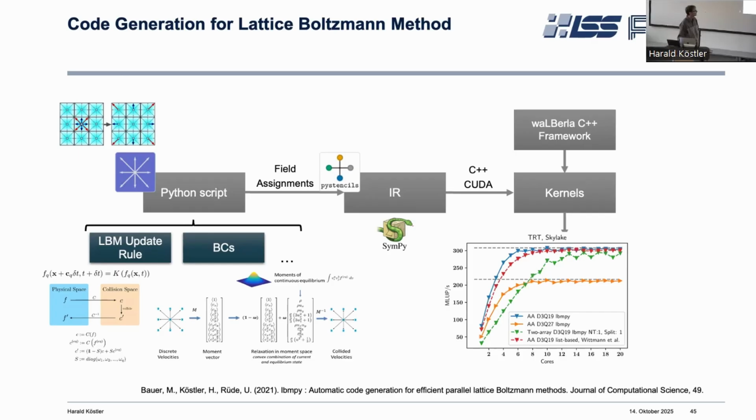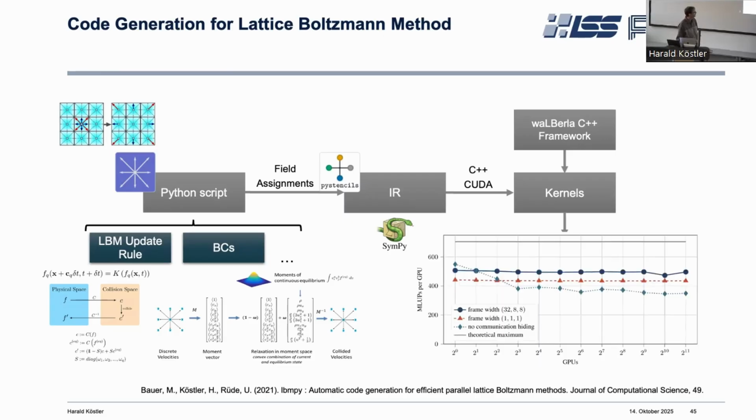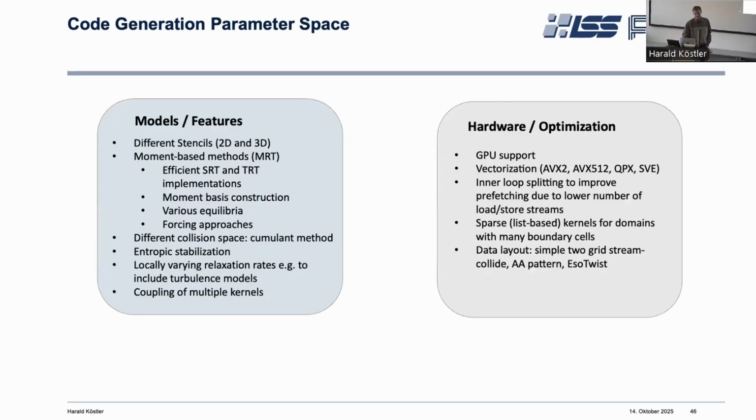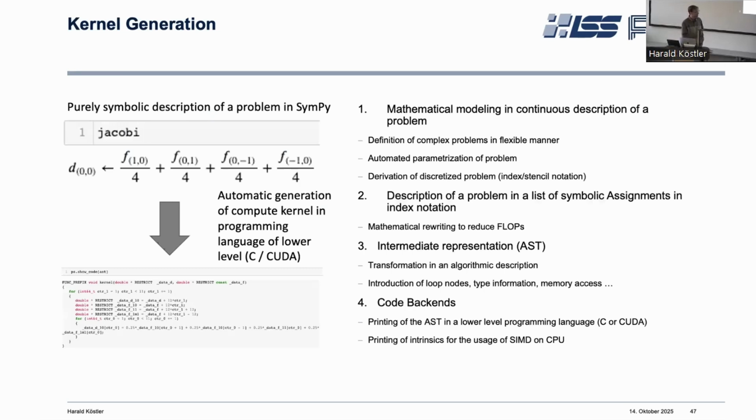Of course, we also have some performance engineering results there, including models. Now we have a large number of things implemented here. The big difference is that we are mainly using code generation for producing kernels.